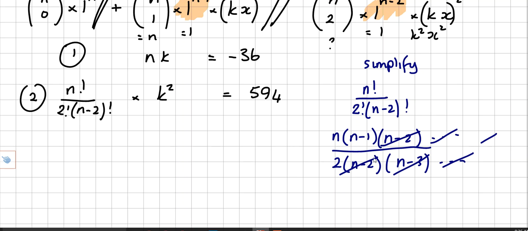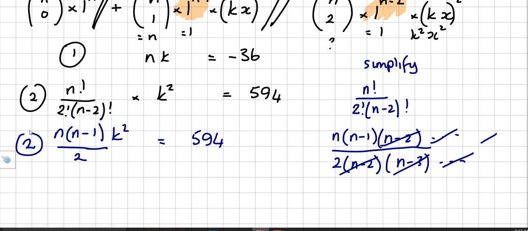So we're left with n times n minus 1 over 2. And that would be times k squared, and that equals 594. So that would be my new number 2, my newly simplified.